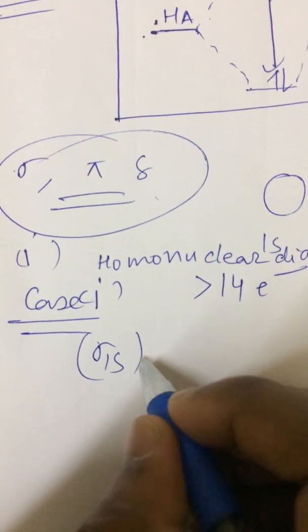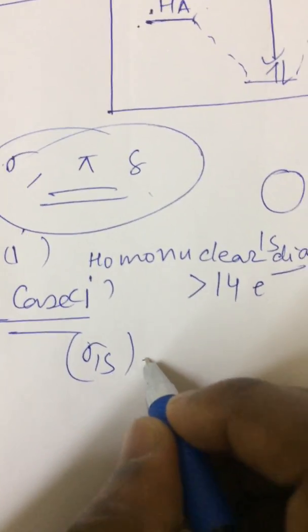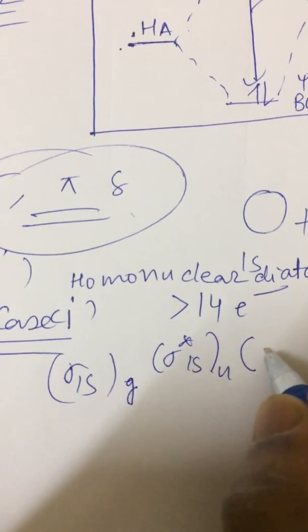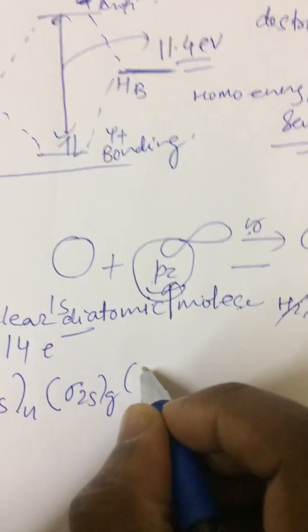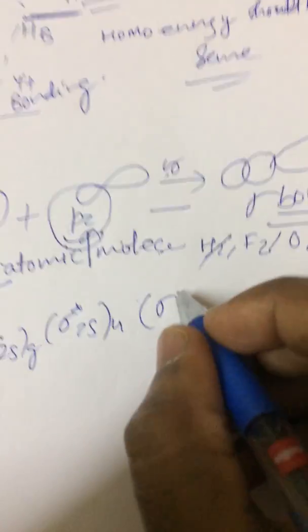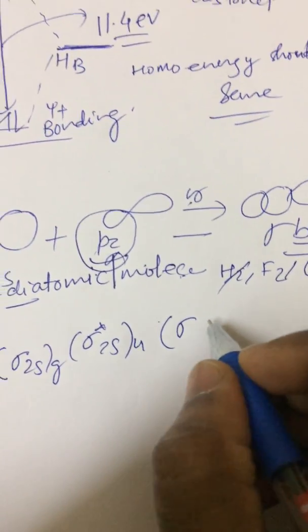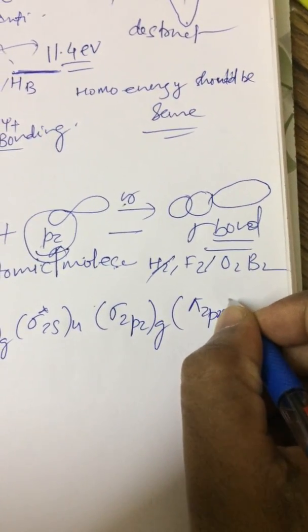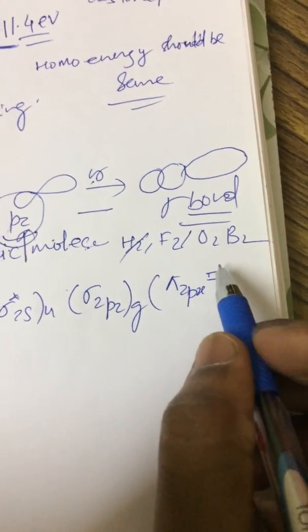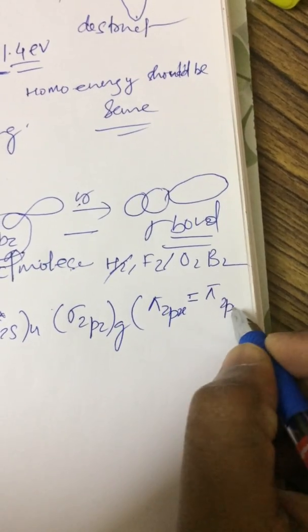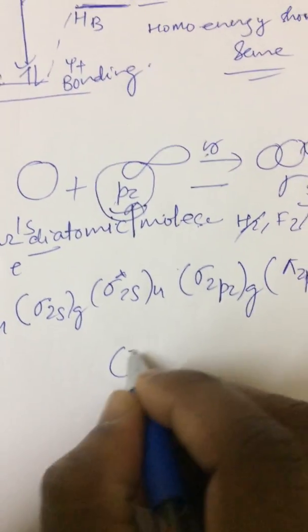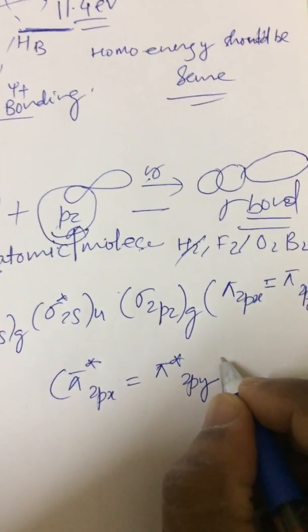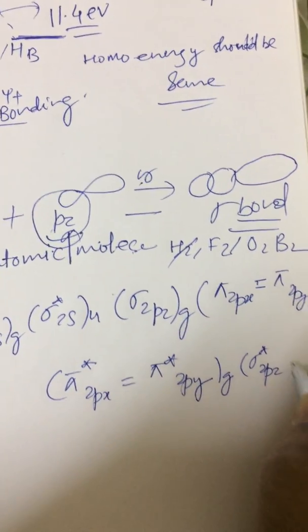Sigma 1s gerade, sigma star 1s ungerade for antibonding, sigma 2s gerade, sigma star 2s ungerade. Then here comes sigma 2pz gerade, and pi 2px, pi 2py, these two orbitals having equal energy, ungerade, and pi star 2px equal to pi star 2py gerade, and sigma star 2pz ungerade.